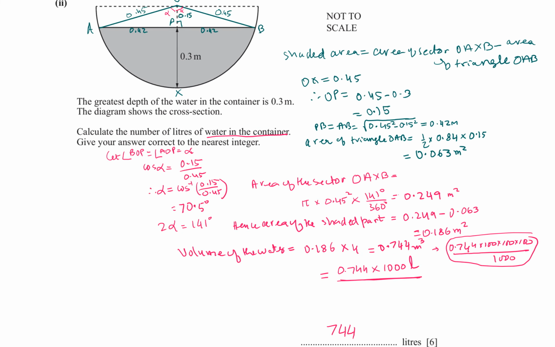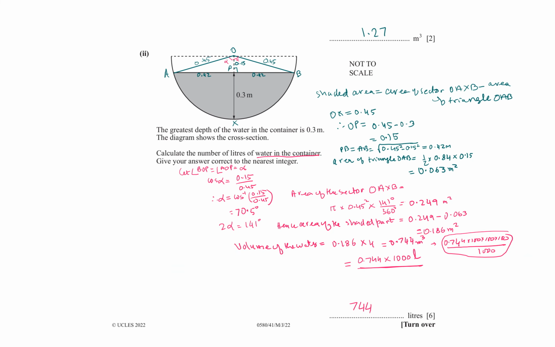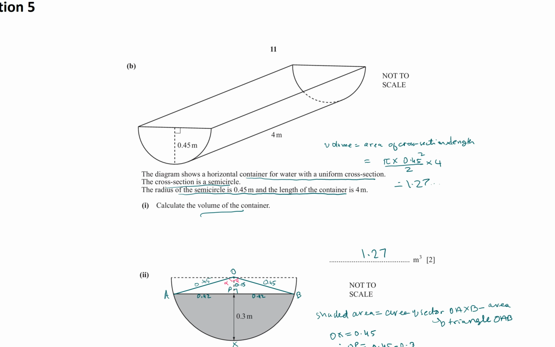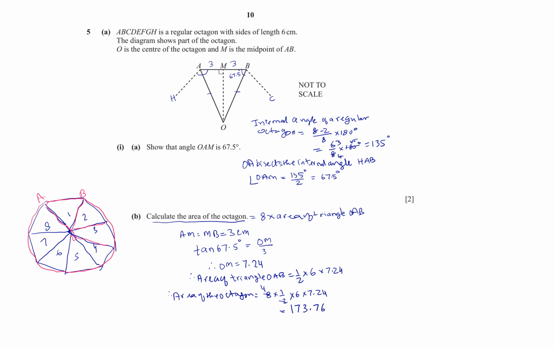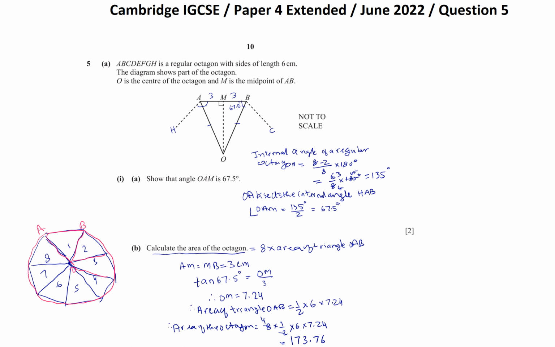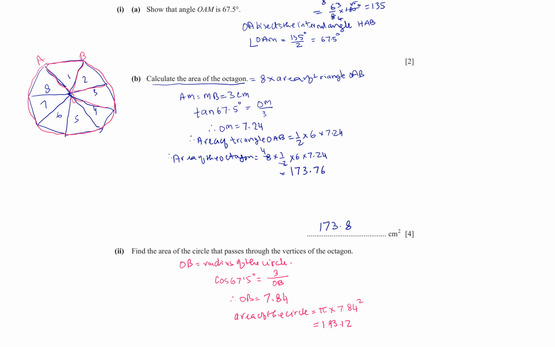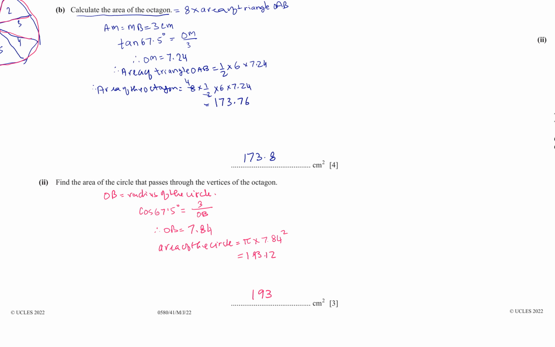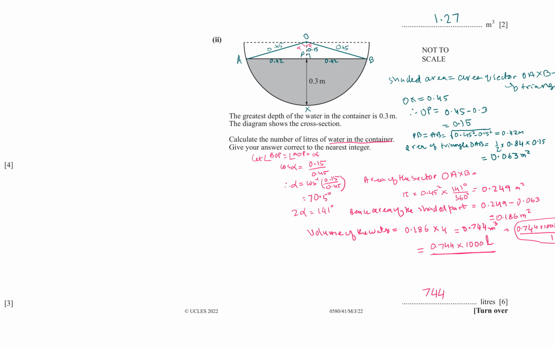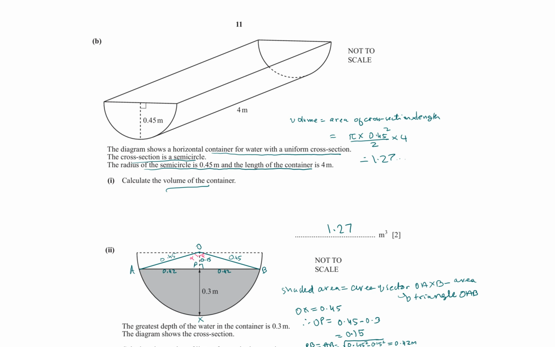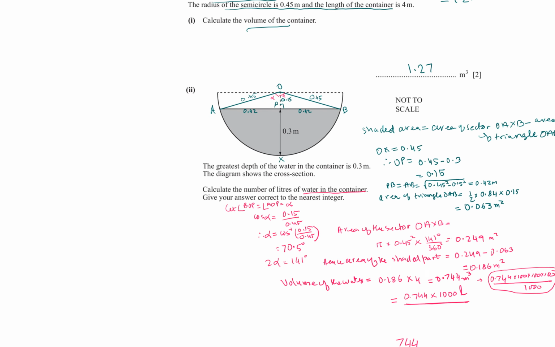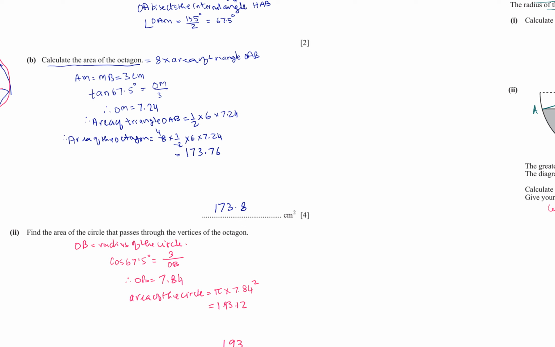So all the parts are done, and that's the first bit, the 5A. And then if I go here, I have it all completed. So that's all done, all correct.